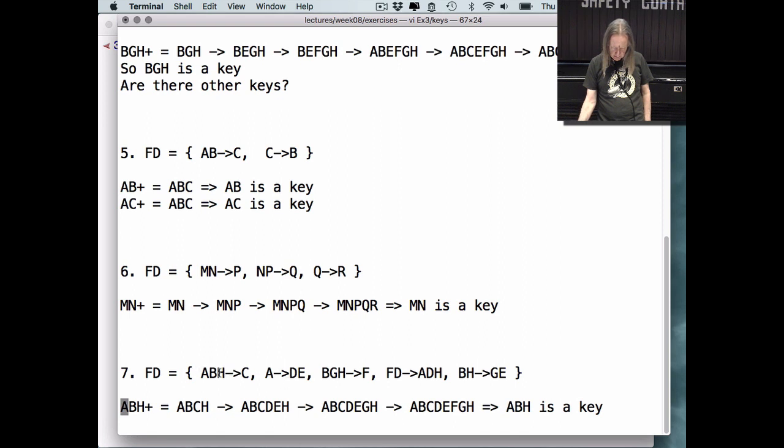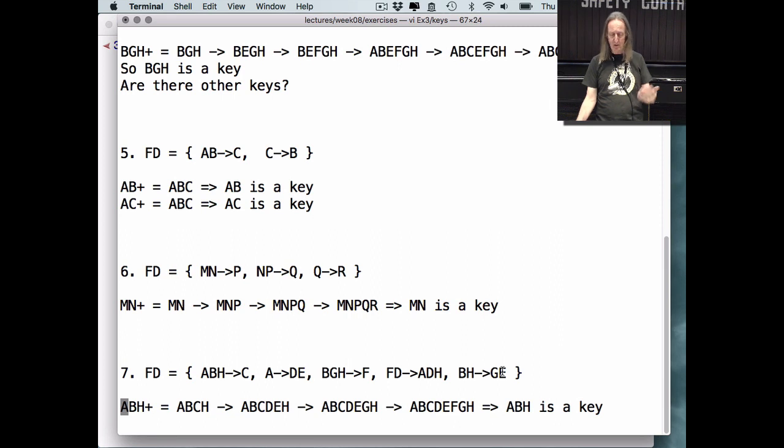So I need to find a functional dependency that I haven't already used, which has got some combination of these on the left-hand side. D, E, where am I getting G? I've got B and H, okay, so I can apply this rewrite rule, if you like, to add G to the set.